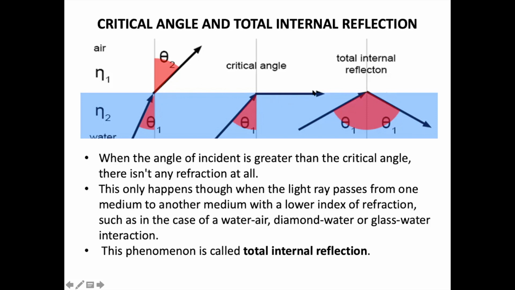This was also refraction, and this is reflection. It has come back in the same medium, and this means total internal reflection has taken place. So total internal reflection takes place after the critical angle. When the critical angle is formed, after that the ray, instead of going into another medium, will come back in the same medium.